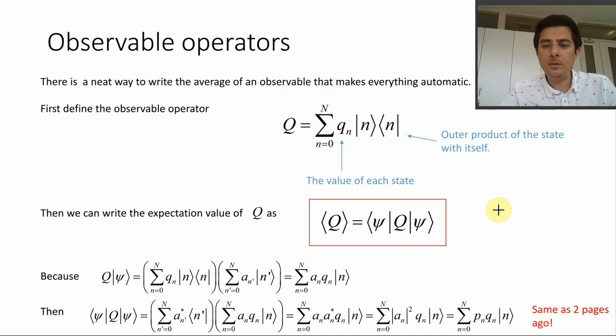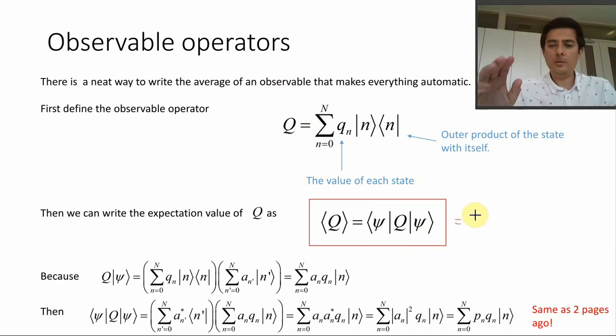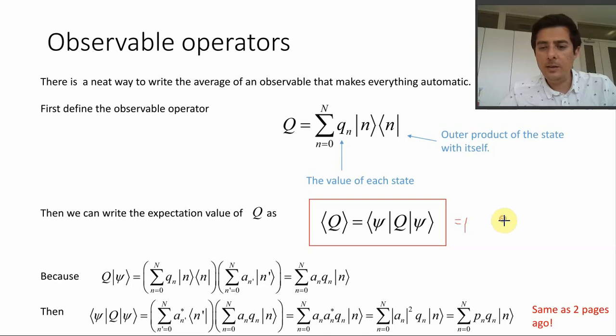So written in terms of the row and column vector ways, here would be the state. So we've got some states here. It's a row vector, and then this Q thing would be some operator. So it's actually a matrix. So this has got entries. It's like a square matrix like this.